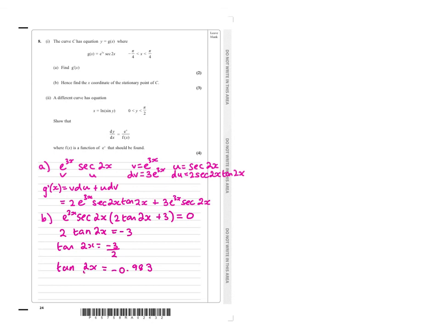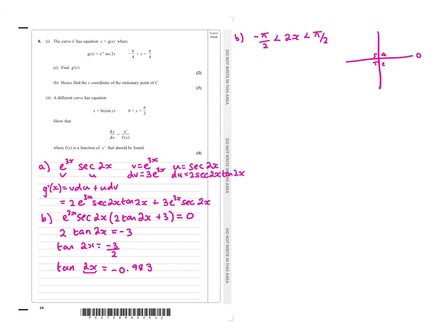And we know here we've got 2x, so I'm going to change my interval. If I continue up here, I'm going to have minus pi over 2 is less than 2x, which is less than pi over 2.